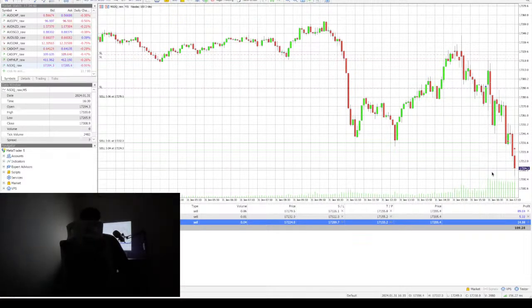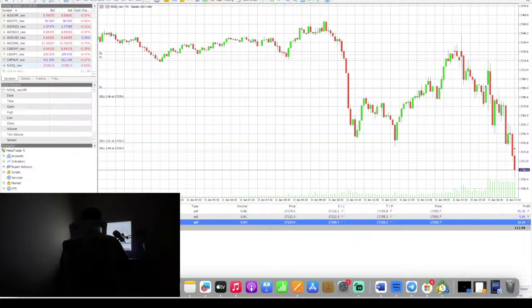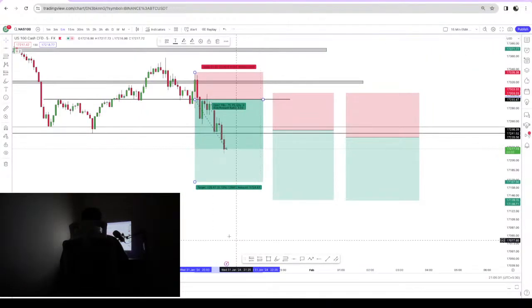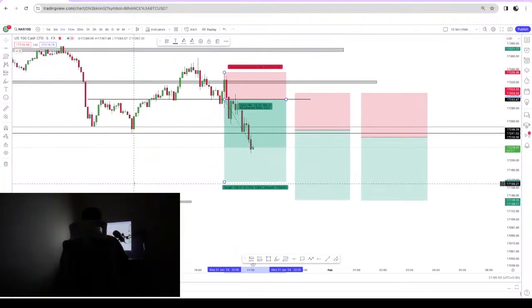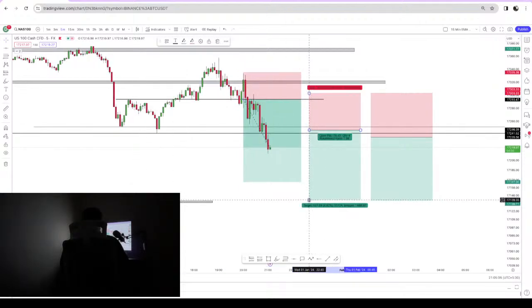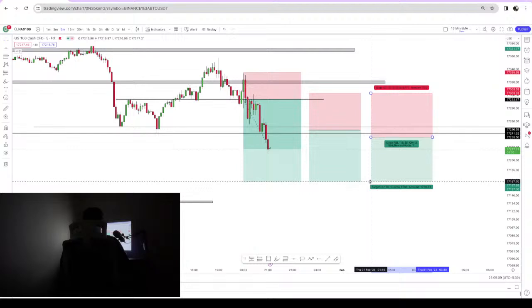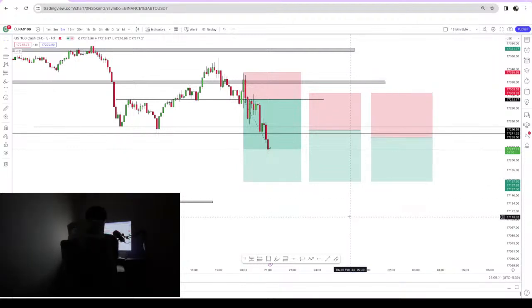Our risk is in control. We are doing pyramiding. Our risk is very much in control now. This is our target. We'll close all the trades here.